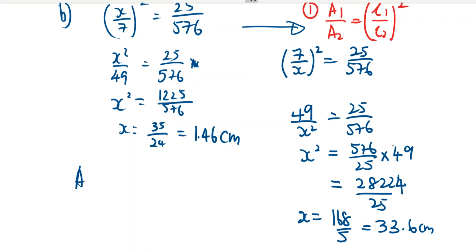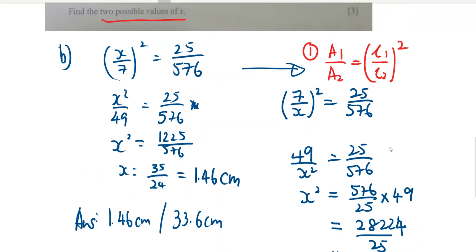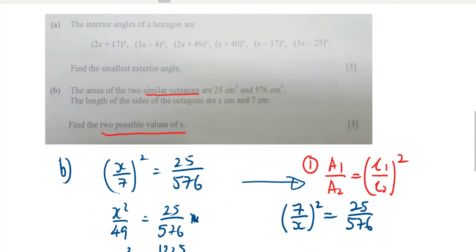So the answers, there are two possibilities. One is 1.46 cm if x belongs to the small octagon, or if x belongs to the bigger octagon, it is 33.6 cm. And this is a very simple question for area of similar figures.